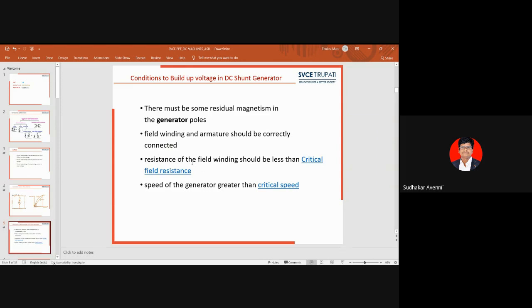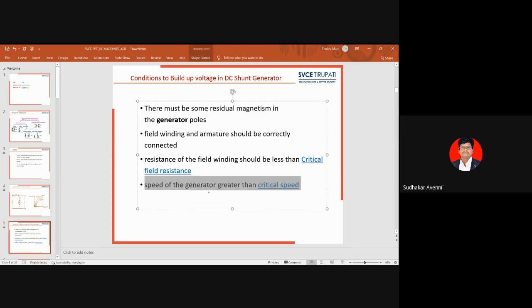You need to understand this point: the total field circuit resistance must be less than the critical field resistance. When it is more than the critical field resistance, the residual voltage will not drive current through the shunt field winding, and then there is no voltage buildup process. So that is the third point.